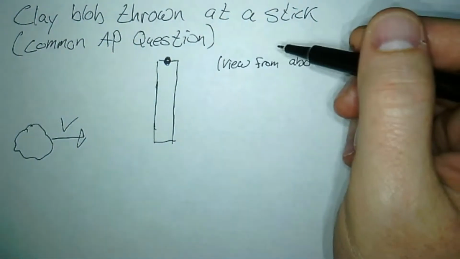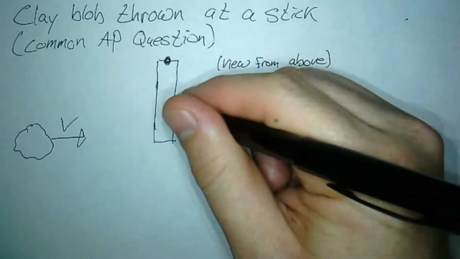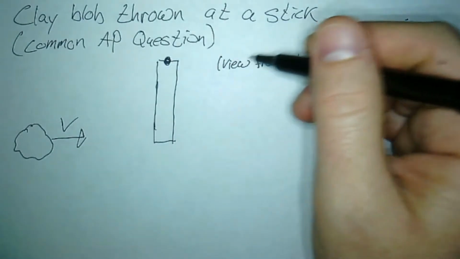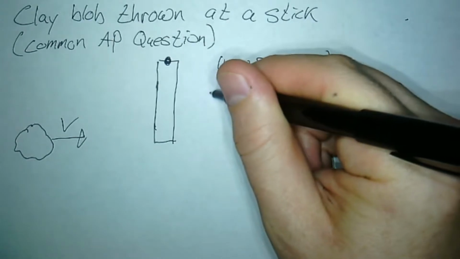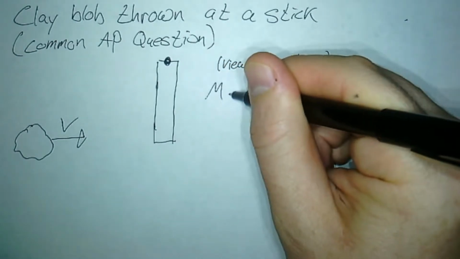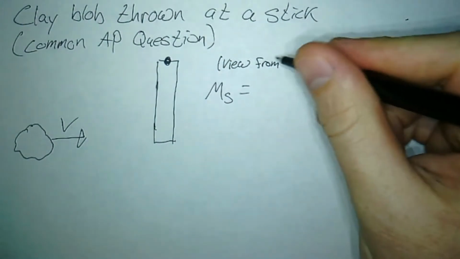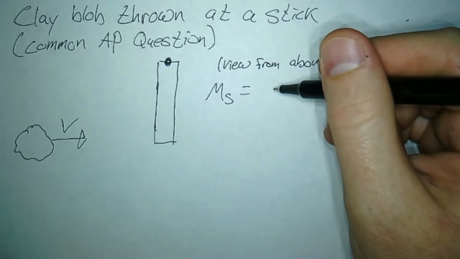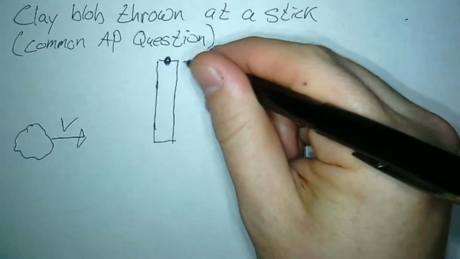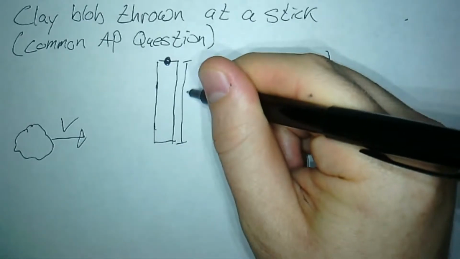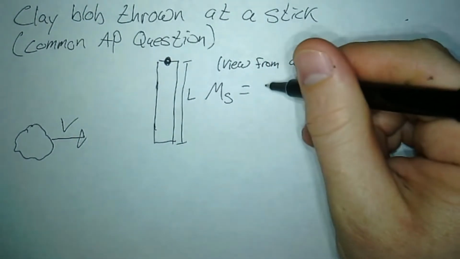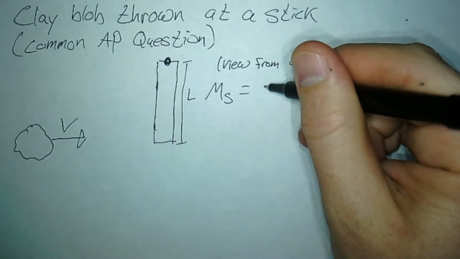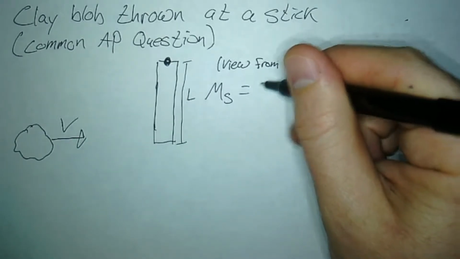Okay, so I want to know what is the angular speed of the stick after the collision. Let's do the givens first and write that down. The mass of the stick is 500 grams again, so 0.5 kilograms.